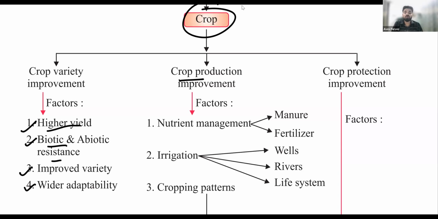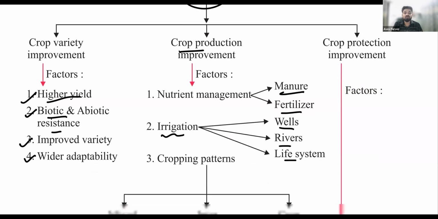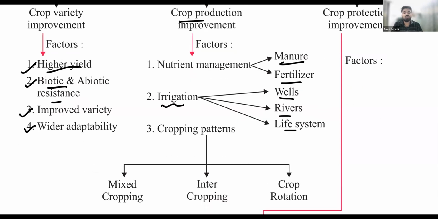Crop production can be improved by various factors, like adding manure, adding fertilizers, and proper irrigation from wells, rivers, and lift systems. And by using different techniques, for example crop rotation. If a crop uses A, B, and C types of nutrients, then when it is grown, those nutrients will not be there in the soil because the crop has utilized them.